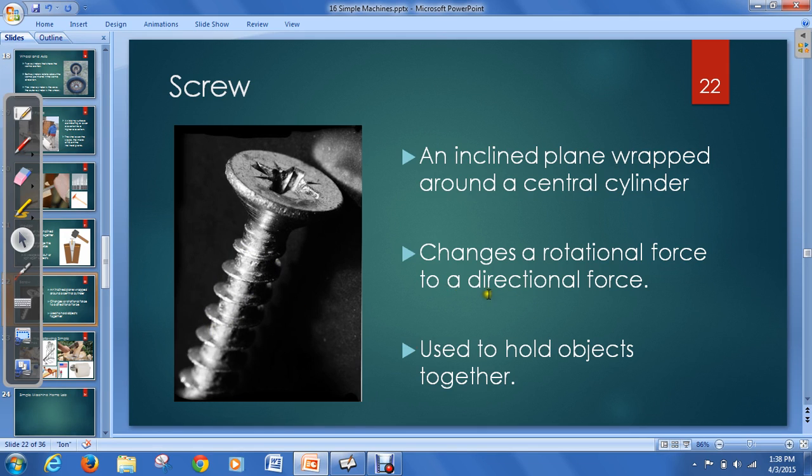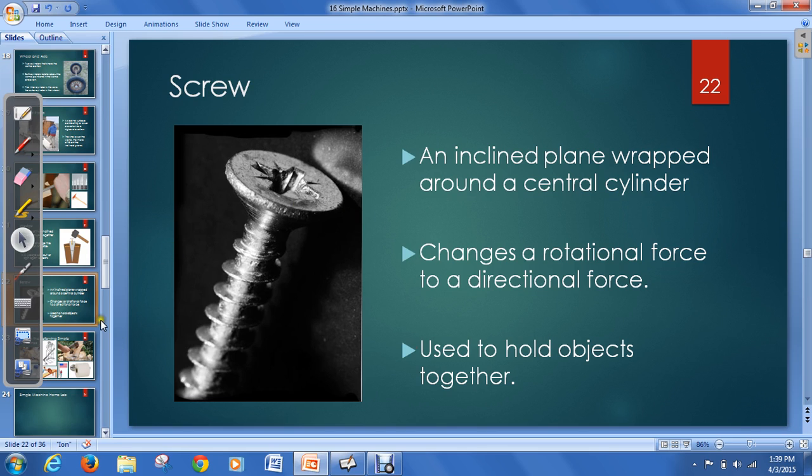Its job is to change a rotational force into a directional force. So you rotate the top of the screw, for example, but the screw will actually go downward into the wood. So it changes that rotational force into a directional force. And again, it's usually made to hold objects together. So things like bottle caps, screws, all those are made so that the object stays in place.